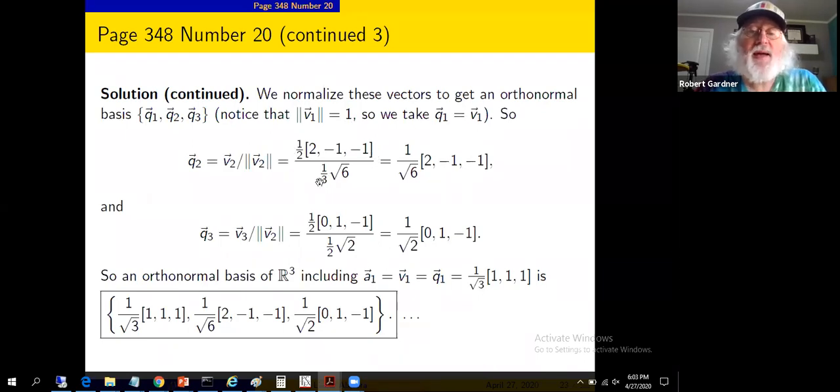We'll compute its magnitude, in fact we have it upstairs, I think, and divide by the magnitude, which produces this. I expect to see square roots when we do this normalizing, so that's one reason to save it until the end. And then we'll take the third vector, divide it by its magnitude, and produce Q1, Q2, Q3. Here are the 3 vectors that form an orthonormal basis for R3 that includes that vector given.